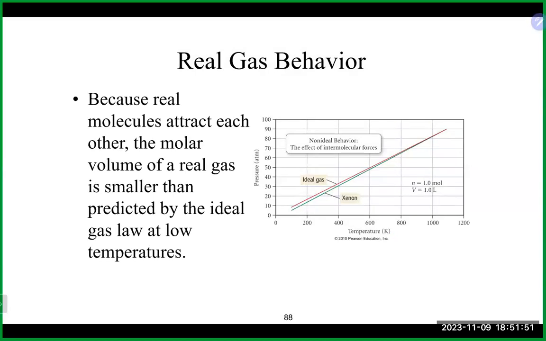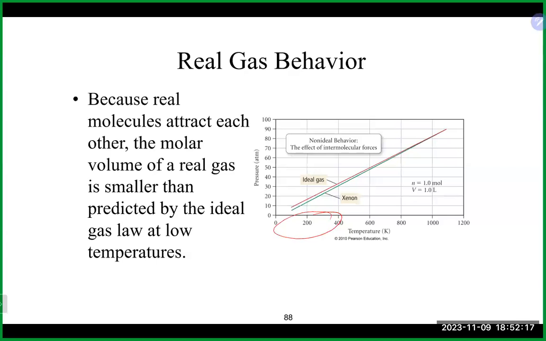And that's again because of the attractive forces that we see and repulsion forces that we see. And once again here, we start to see some deviation happening between an ideal gas and a non-ideal situation when we start to drop our temperature to low temperatures, right? Because this is in Kelvin, so 0 Kelvin would be minus 273 Celsius.